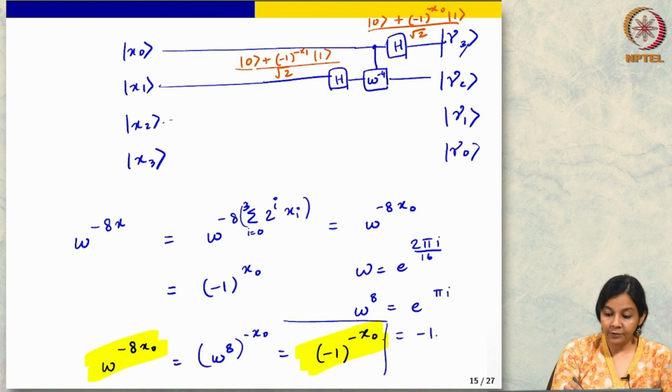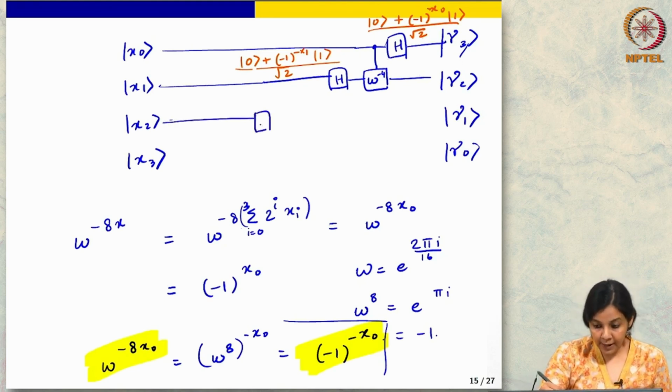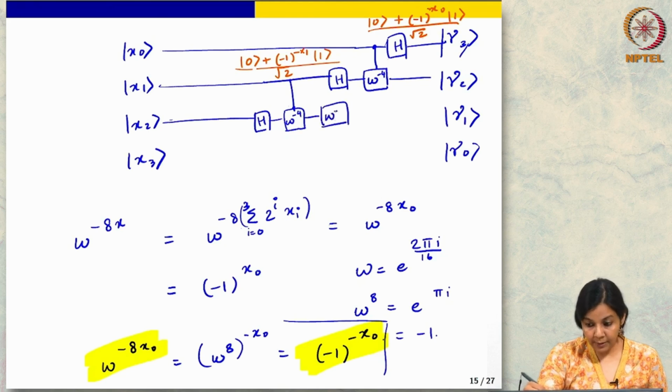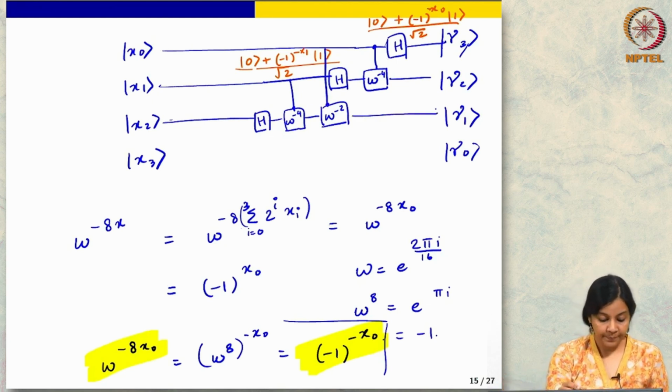So for x2 and x3, let me just write it down. Again I have the H, then I have the omega to the minus 4. This time the input is coming from x1, and then I also have omega to the minus 2 with the input coming now from x0. This will give me gamma 1.